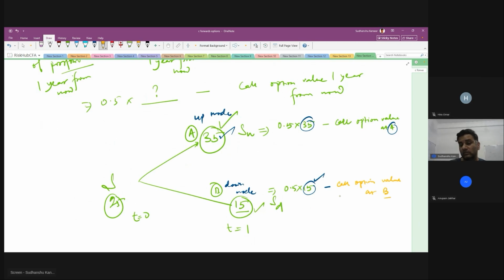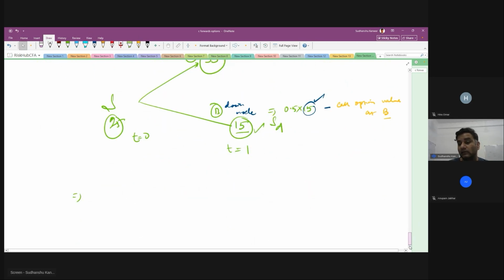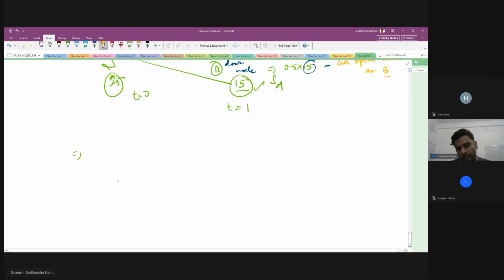Now my next question: let me calculate the call option value at A and B. To do that, I need to know the stock price. This is 25, this is 35 and 15. S naught was given as 25, and X was given as 25 also.